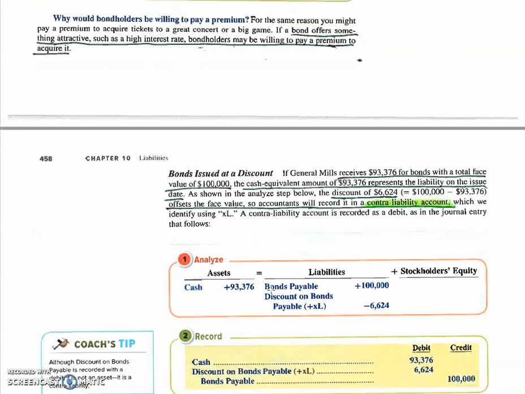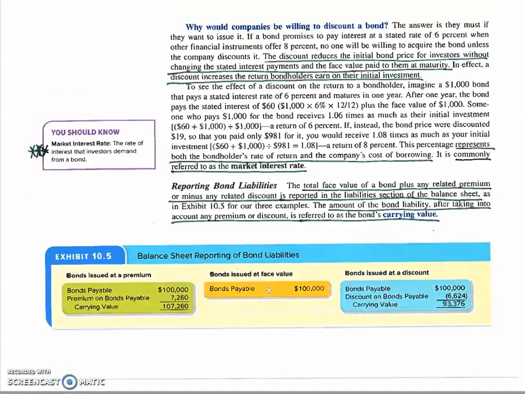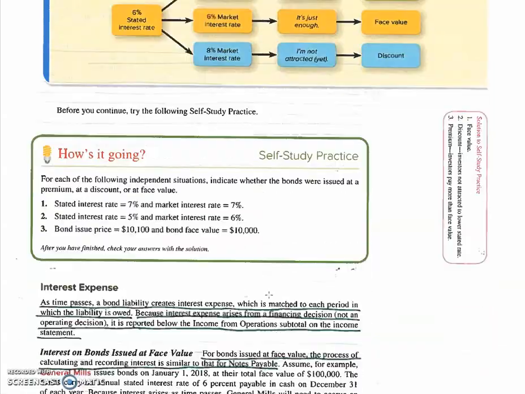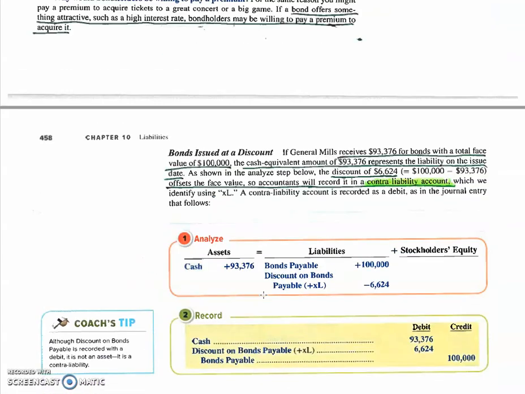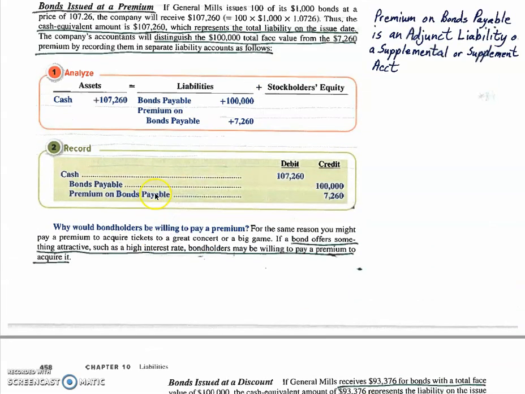So you see down here, the discount works exactly the opposite. And they're not showing you a journal entry with amortization of the, oh yeah, there it is. I missed, no, that's not amortization of the premium, but that's how the amortization of the premium works.